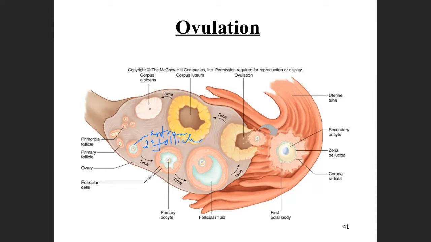So in the secondary follicle, you see a primary oocyte, but they also develop into a secondary oocyte in the secondary follicle, and then continue on with the Graafian follicle. And LH causes ovulation. LH causes the ruptured follicle to become the corpus luteum. The corpus luteum puts out progesterone. Same thing.